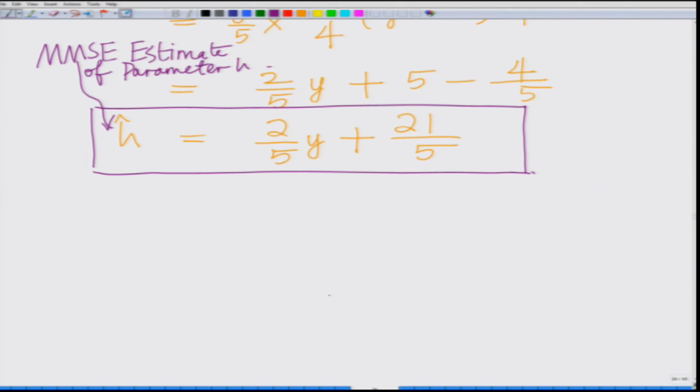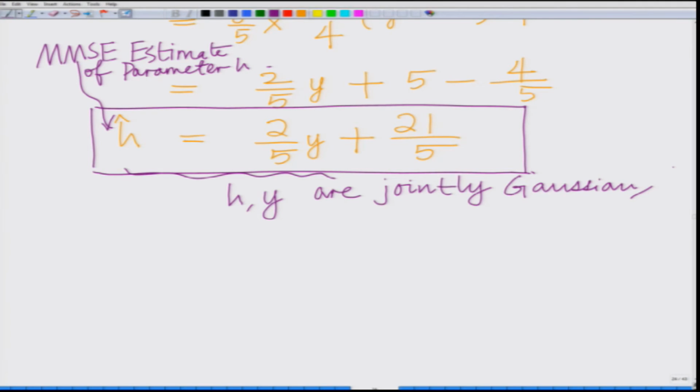This is the MMSE estimate, of course assuming h comma y are jointly Gaussian. That is an important assumption. In fact, we will see later that even when h comma y are not jointly Gaussian, this is still an important estimate.